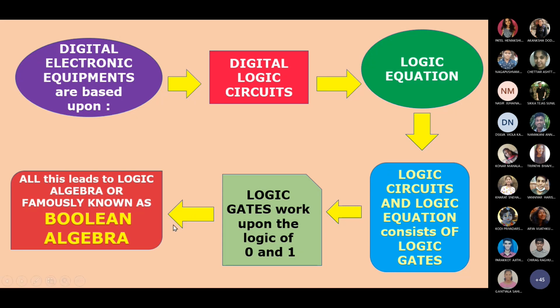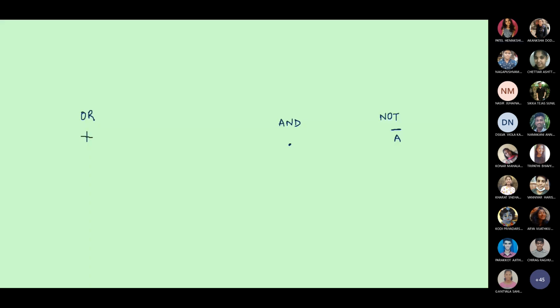All these things lead to Boolean algebra or logic algebra, which we are going to learn in this first chapter of Unit 2. After Boolean algebra, the next extension is Karnaugh maps, in the second chapter of Unit 2, for which we need Boolean algebra as the fundamental. Am I clear with what we are going to do in this chapter? Yes, ma'am.